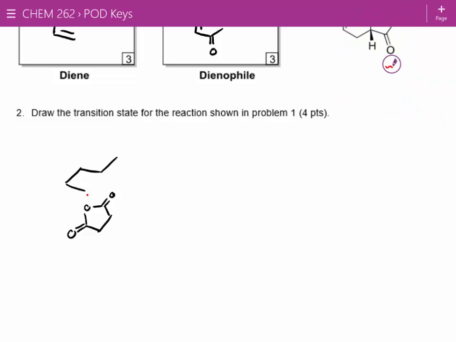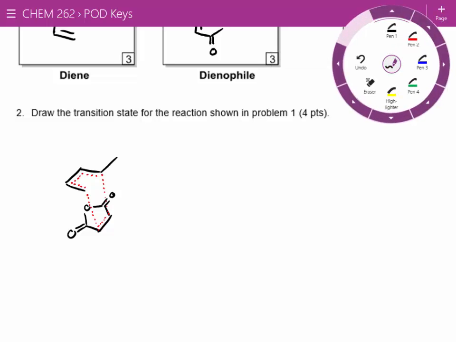So we're going to form a new sigma bond between these two carbons and these two carbons. We're going to break this pi bond. We're going to break this pi bond. And we're going to break that pi bond. Does that make sense? So this would be our side view.